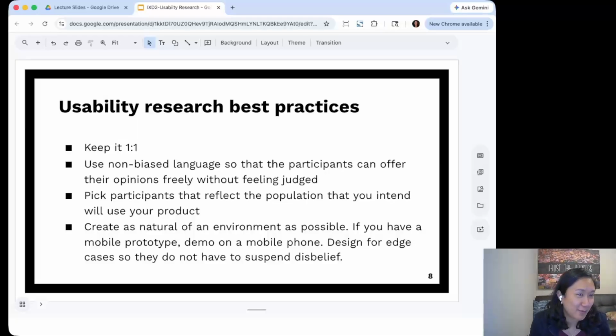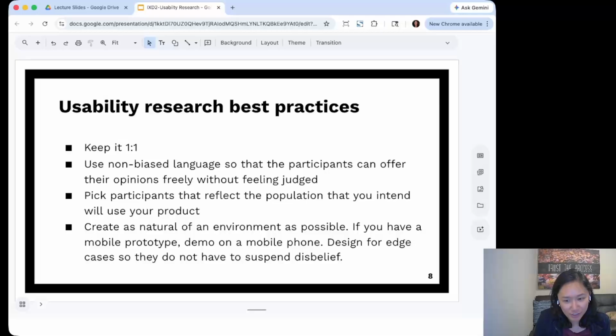And whenever someone behaves a certain way with your design, you're able to dive deeper into those behaviors and ask follow-up questions. For your usability study, also writing in such a way where the language is very neutral and unbiased will help ensure that participants are at ease, and that they feel like they can provide their usability opinions freely without being judged.